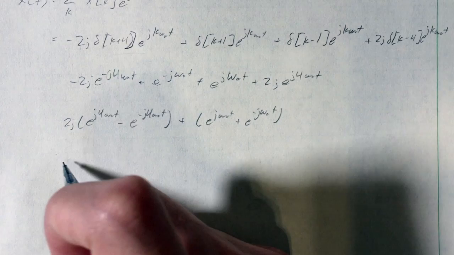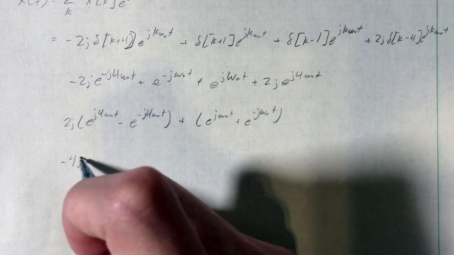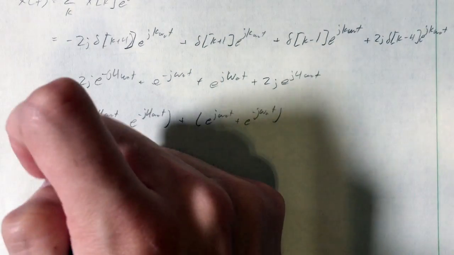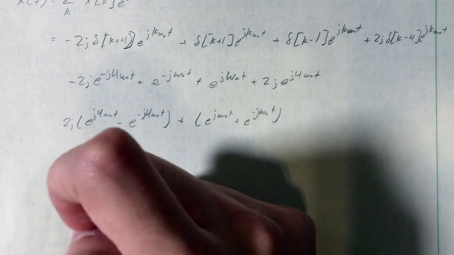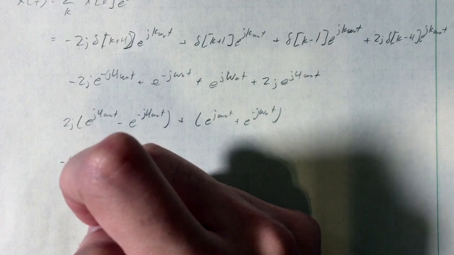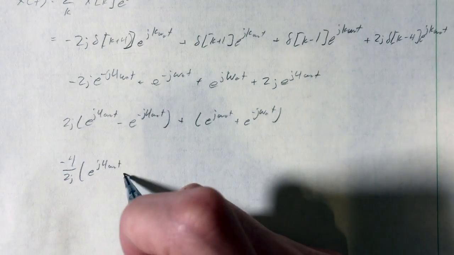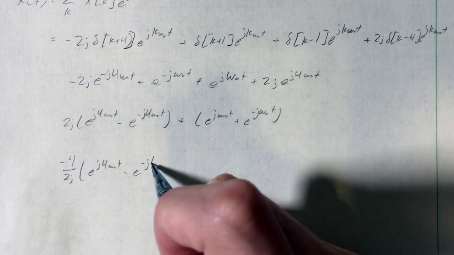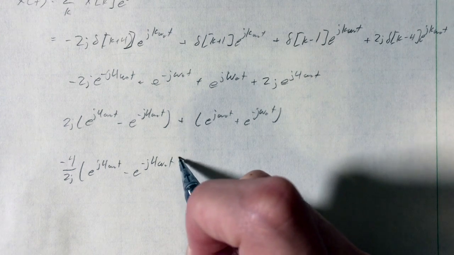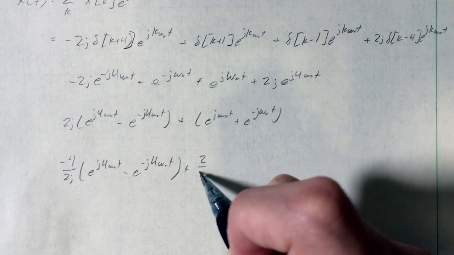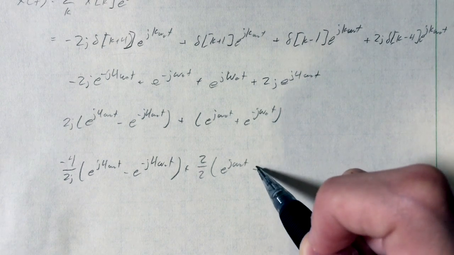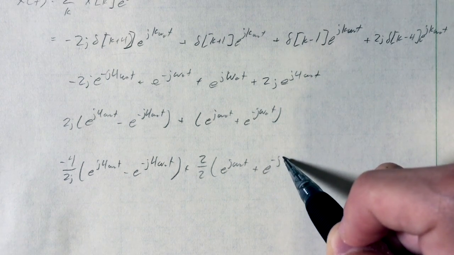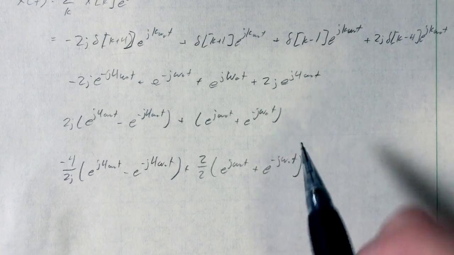So we get minus 4, oh, no j there, over 2j e to the j 4 omega naught t minus e to the negative j 4 omega naught t plus 2 over 2 e to the j omega naught t plus e to the negative j omega naught t.